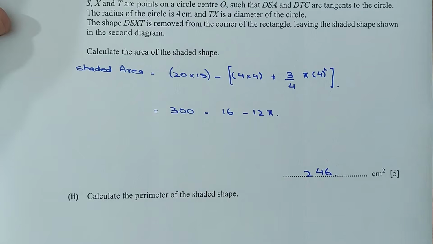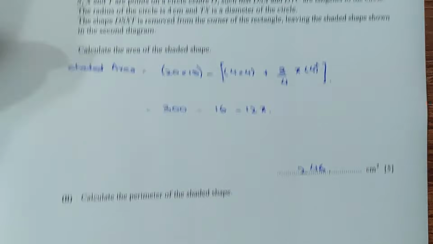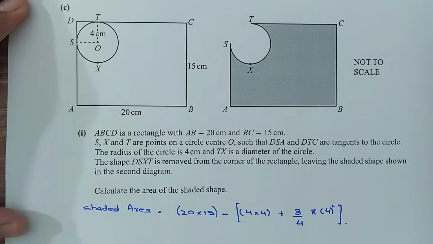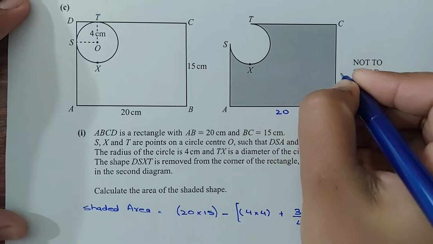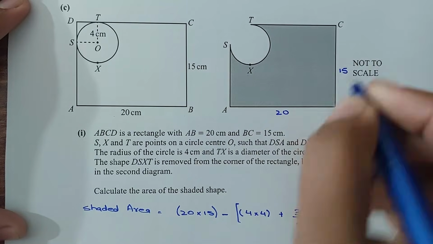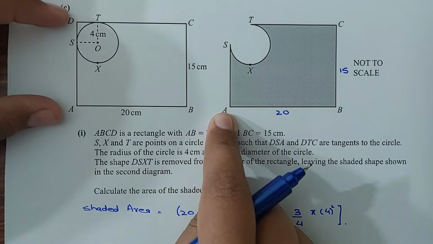Now for the second part, calculate the perimeter of the shaded shape. AB is 20 centimeters, BC is 15 centimeters, and what is AS? AS is also 15.